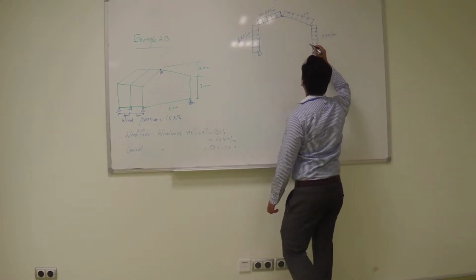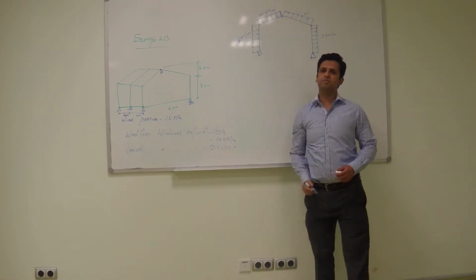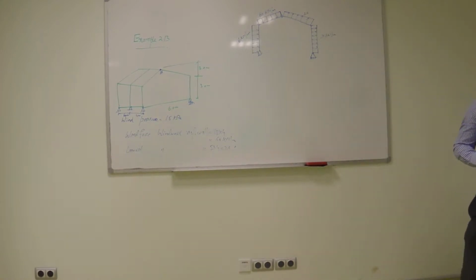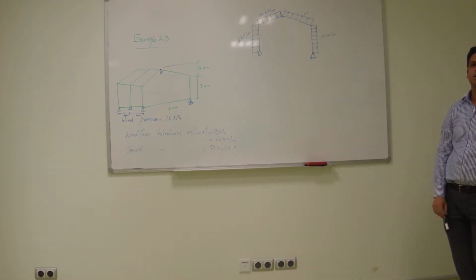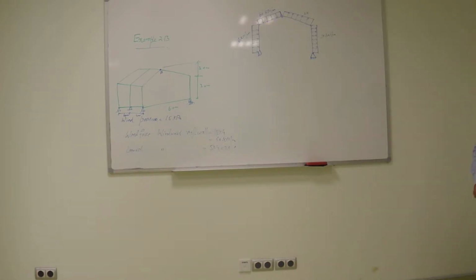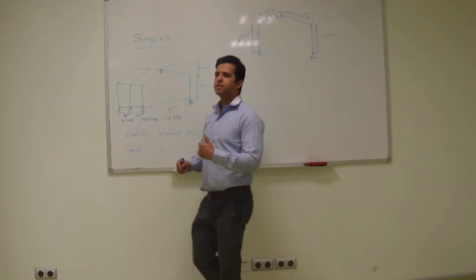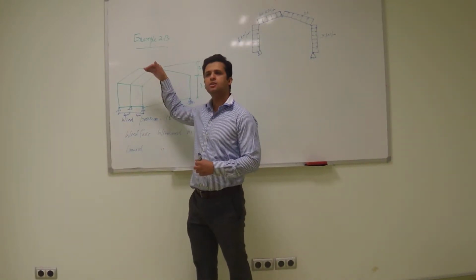Teacher, if the windward wall is facing a pressure of something, do we subject the same load on the windward roof, or is there an equation? I did not understand your question. Like here we have 60 kilonewton per meter for the windward wall, but it wasn't mentioned in the question what was subjected to the windward roof. Actually, the roof which is facing the wind is known as windward roof.